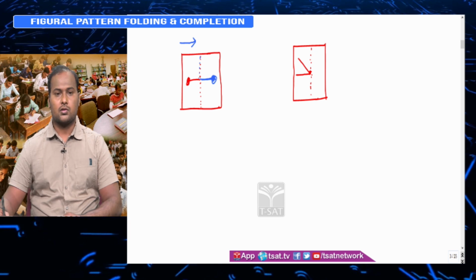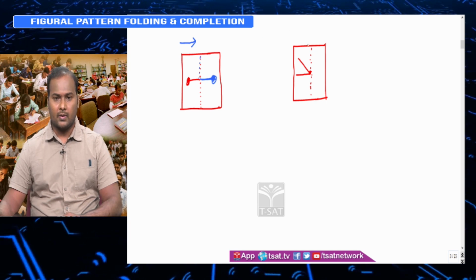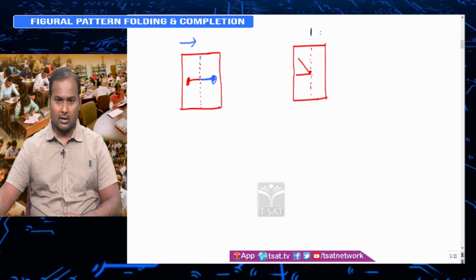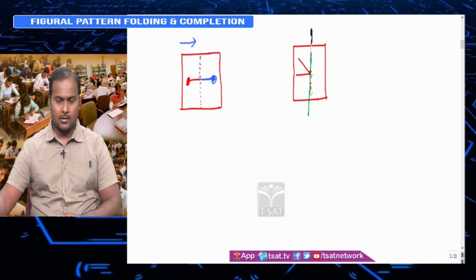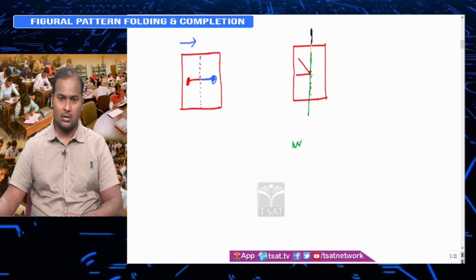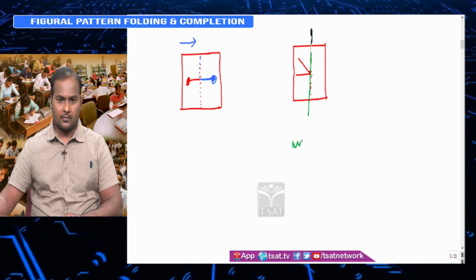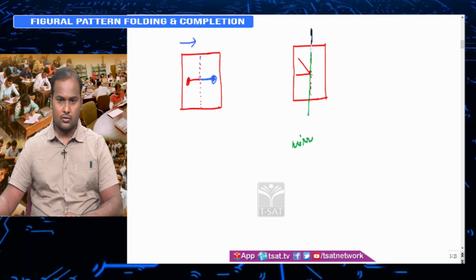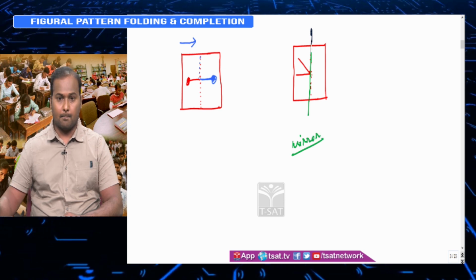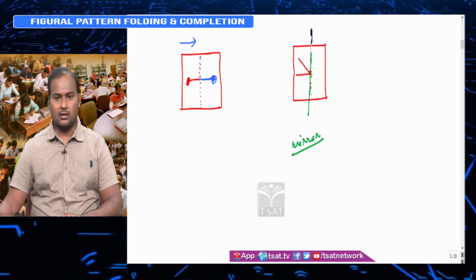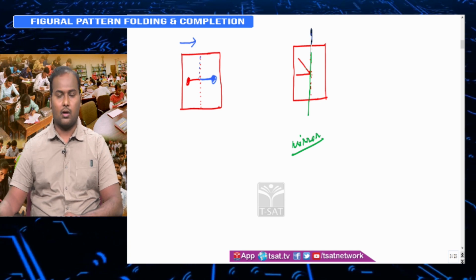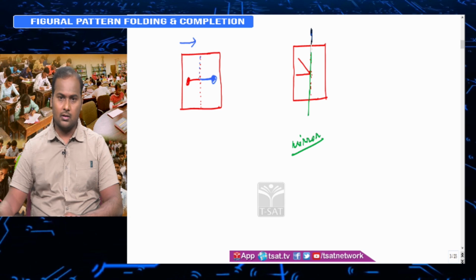The student has to observe that whatever dotted line is given should be seen as a mirror. Once you see this mirror, whatever is near the mirror stays near the mirror, and whatever is away from the mirror stays away from the mirror.